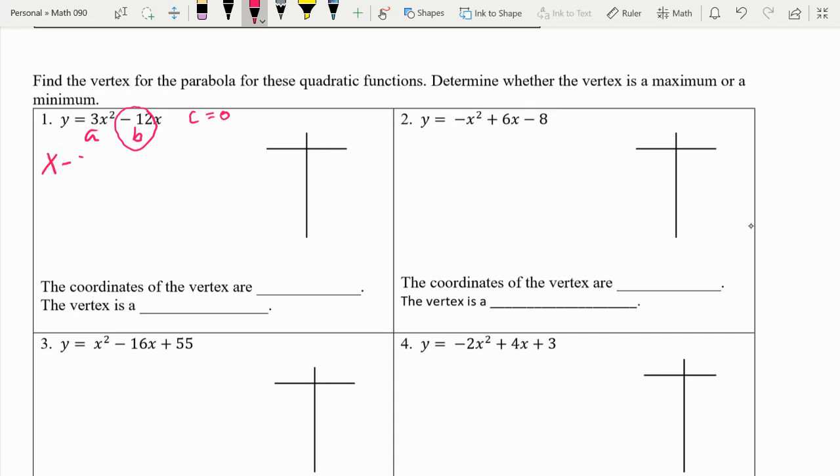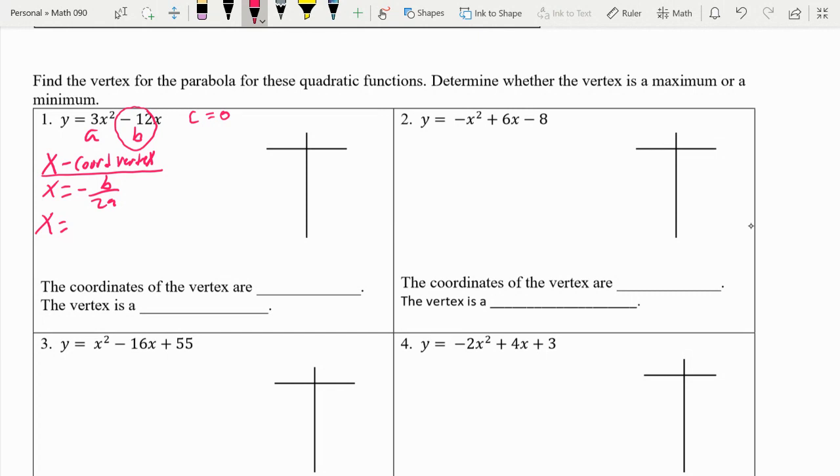So to find the x coordinate of the vertex, we're going to use the formula. X is equal to negative B over 2A. Plug everything in that you know.